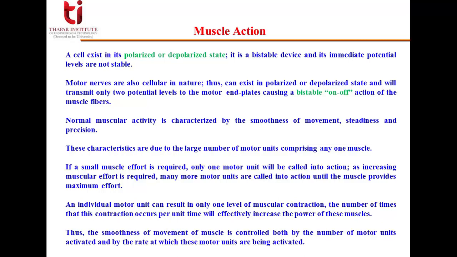The number of muscles that are recruited depends upon the activity in which the body is involved. Thus, the smoothness of movement of muscle is controlled both by the number of motor units activated and by the rate at which these motor units are being activated.